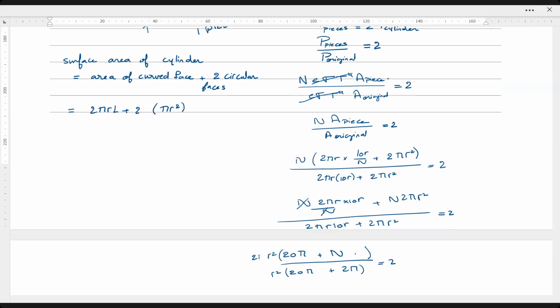So if you take 2 pi from here and here, you end up with 10 plus 1 in the denominator and 10 plus n in the numerator, and all of these just cancel out. So I just got that 10 plus n equals 22, so n is equal to 11. Actually 12, sorry about that. So we have 12 pieces.